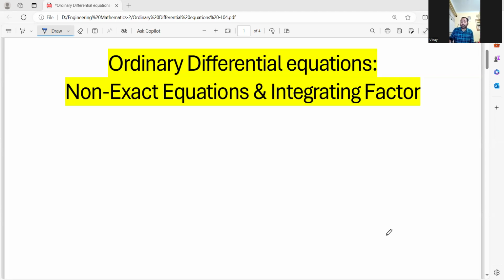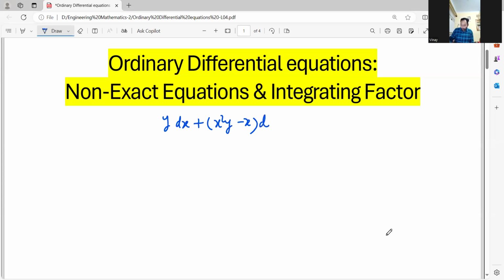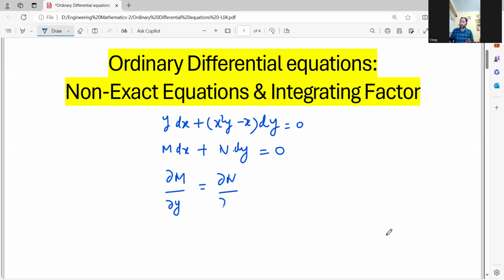Let me take the example y dx plus (x square y minus x) dy. To find whether this equation is exact or non-exact, you compare it with M dx plus N dy equal to 0, and then you find whether del M by del y is equal to del N by del x.